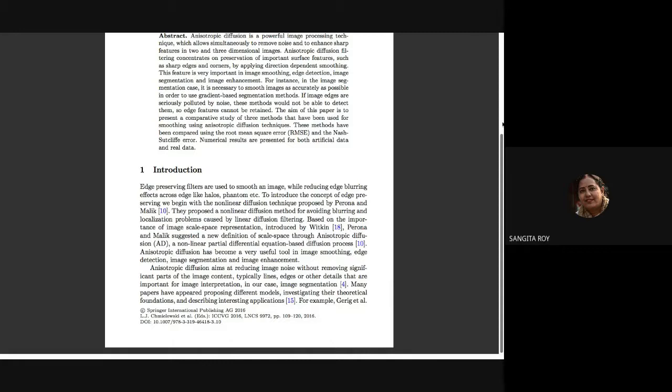In our case, image segmentation, many papers have appeared proposing different models, investigating their theoretical foundations and describing interesting applications.